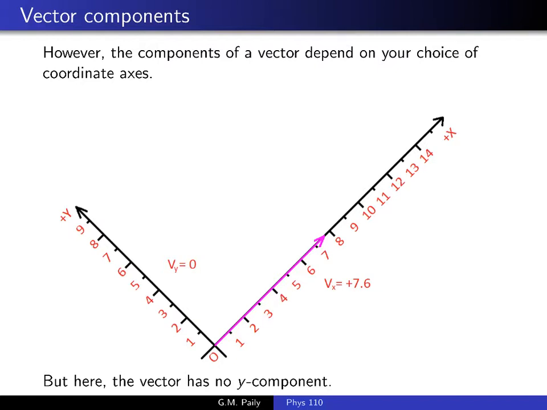We pick different coordinate axes according to the problem, and in different problems, different axes and different orientations of those axes would be useful. So there is no single right way of choosing the axes. And as a result, the vector remains unchanged, but the components that describe the vector depend on the axes that you choose.